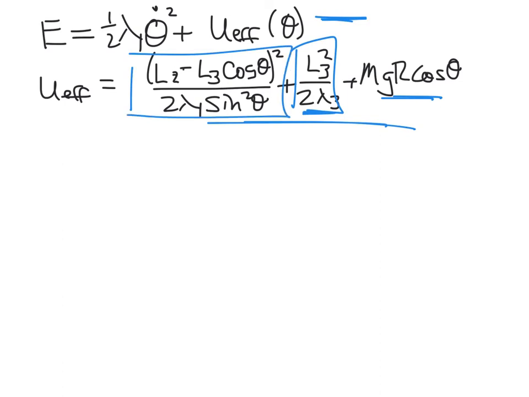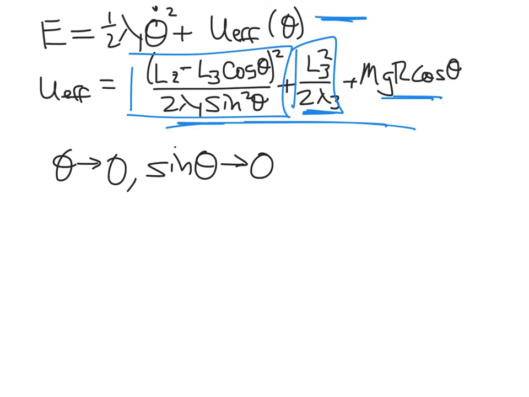We can see that if theta gets smaller and smaller, as theta goes to 0, sine theta is going to approach 0. And so that means that this first term here is actually going to blow up as theta gets small. So the effective potential energy is going to go way up.